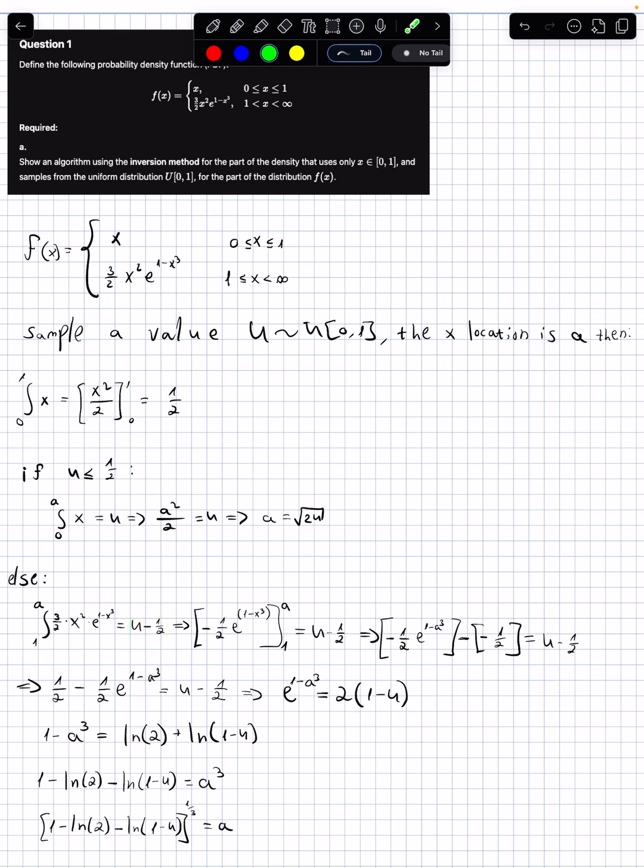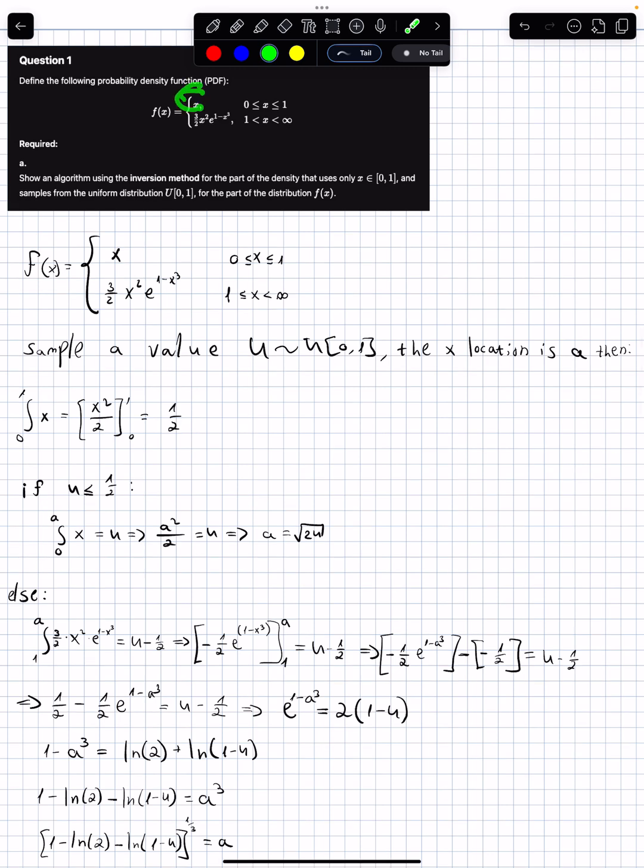Because we already added the half here, and this part is only half. So to make it make sense, we extrapolate the integral, and then after some math operations, we get to what u will need to be.